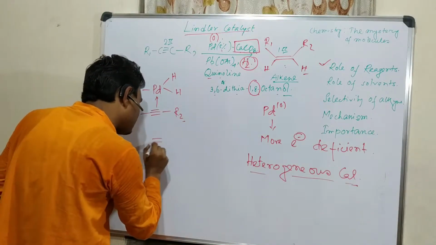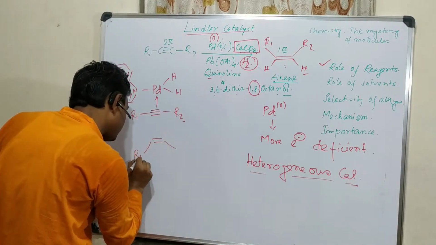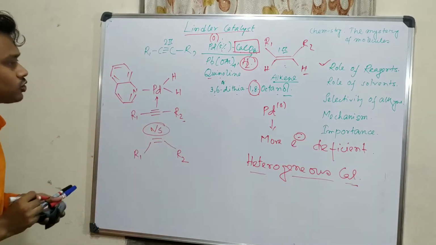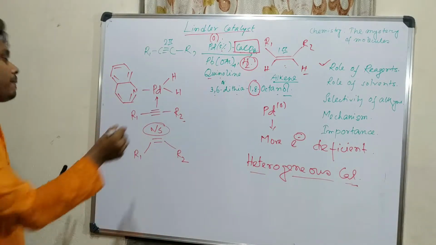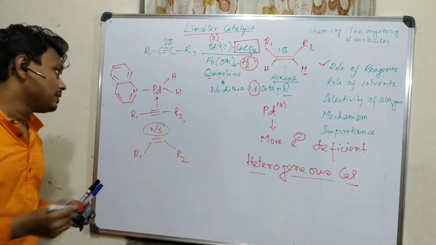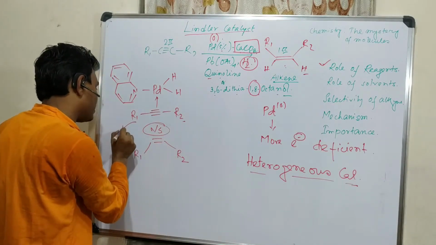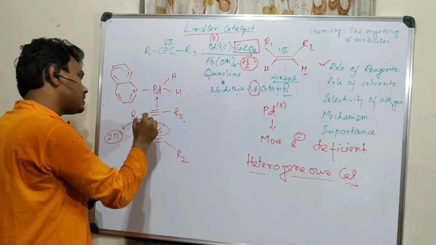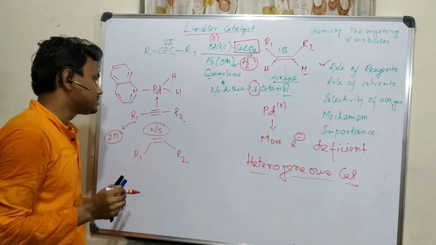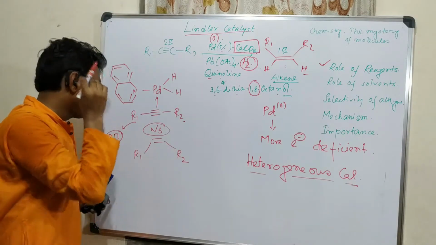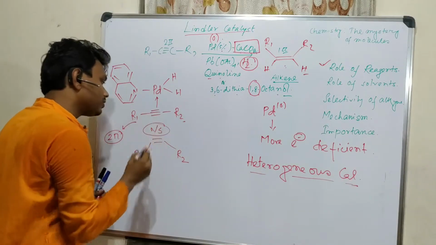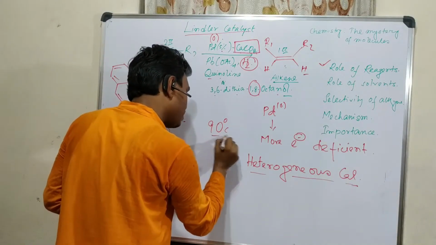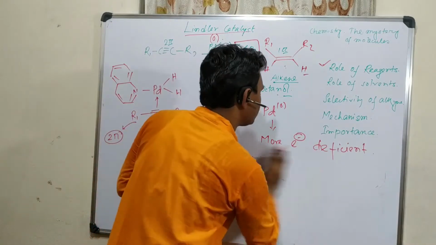Now I just asked a while ago, it's a comparison of which will be bound to palladium more strongly. This alkyne has two pi bonds and the alkene has one pi bond. So the electron density over the alkyne is greater, and second, the two pi bonds are at 90 degrees.